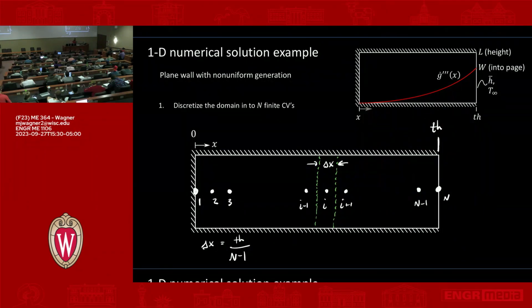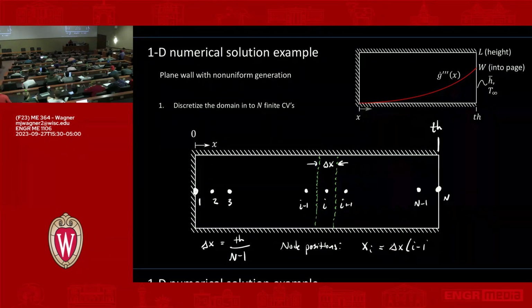So that's delta x. The node positions, those are going to be x. So x sub I, we're going to index x with the index I. So the ith node is going to be at the position delta x times I minus 1, where I is in the range 1 to n.